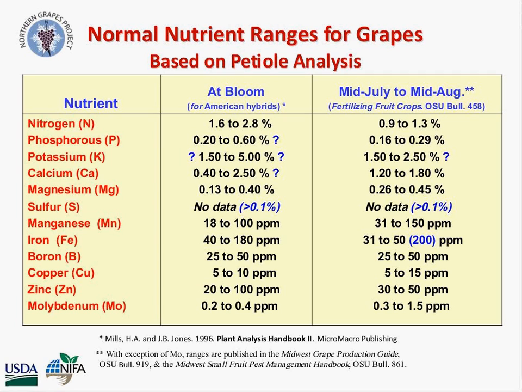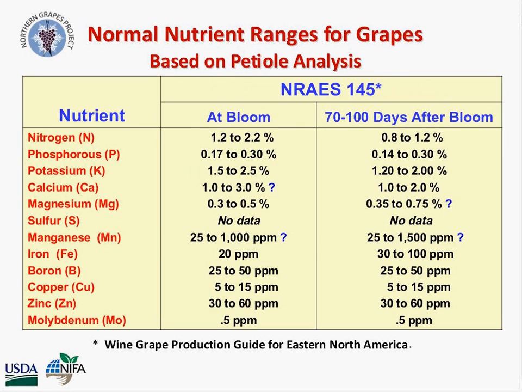Now, this is the Grape Production Guide for Eastern North America, or what Cornell uses, again at bloom, and they call for 70 to 100 days after bloom. It's about the same period, the early veraison. A few question marks on this. The calcium, the high end there at bloom, because calcium is an accumulator, I wonder about that compared to the other.